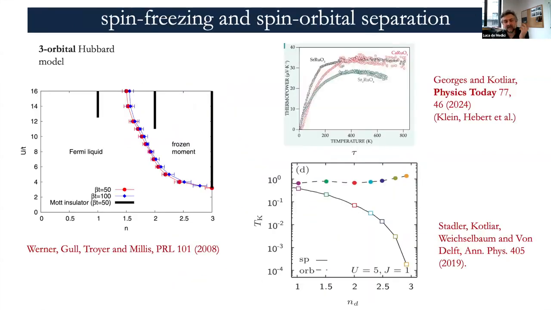Now, this was already observed in some model studies or has been characterized with other techniques. So here was a very early paper from Werner, Gull, Troyer, and Millis, where they really showed that in the 3-orbital Hubbard model, while approaching half filling, which is now here 3, you go from a weakly correlated Fermi liquid to a very strongly correlated zone, which at finite temperature appears as a frozen moment zone.